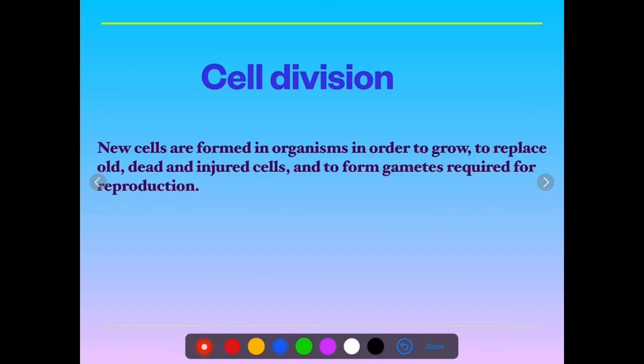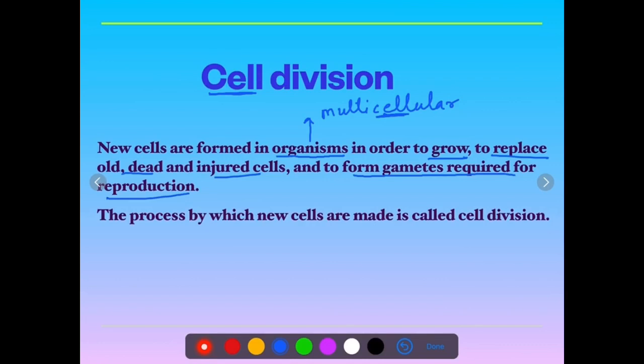So a multicellular organism has the unit of cells, and these cells can divide. Why? To grow, to replace old dead cells, and also to form gametes required for reproduction. So this is the process of cell division.